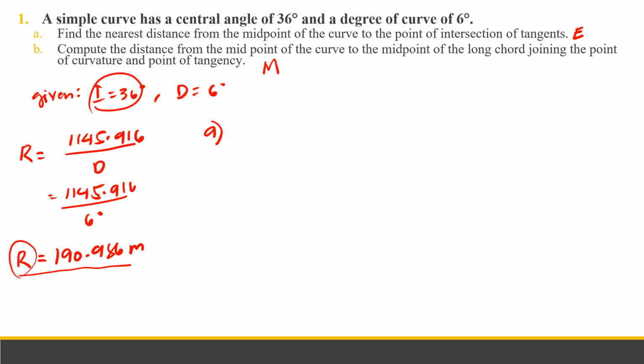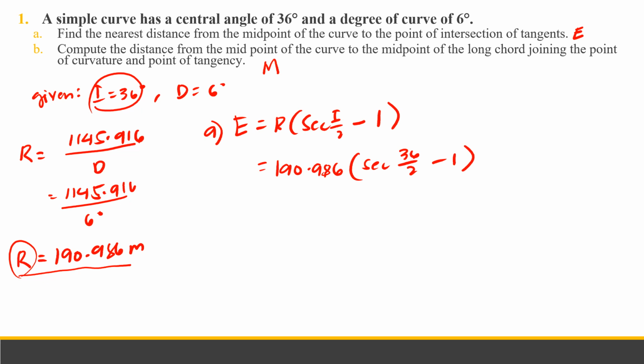So A is the external distance. So formula external distance is radius times secant of I over 2 minus 1. So radius is 190.986 times secant of I, 36 over 2, minus 1. So E is simply equal to 9.829 meters. So yan yung E natin.